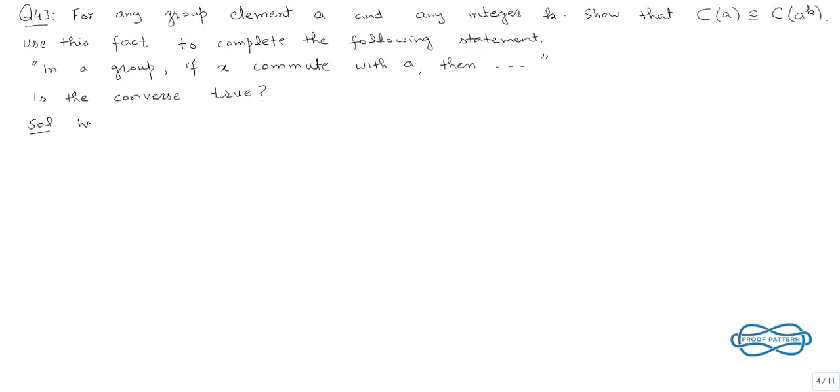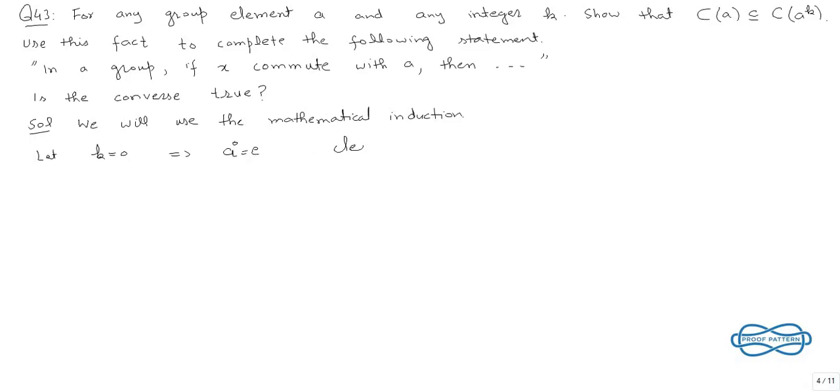We will use mathematical induction. Let k be equal to 0. This means a raised to the power k, that is a to the power 0, will be the identity.